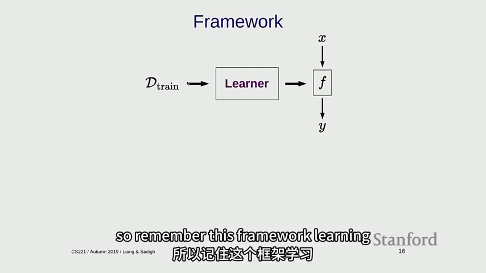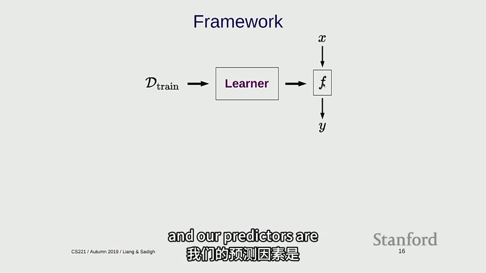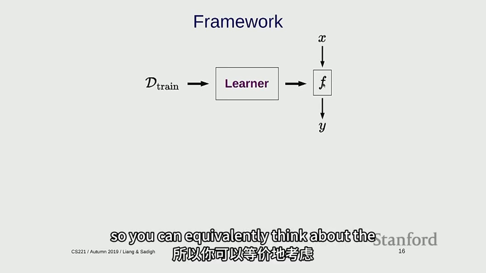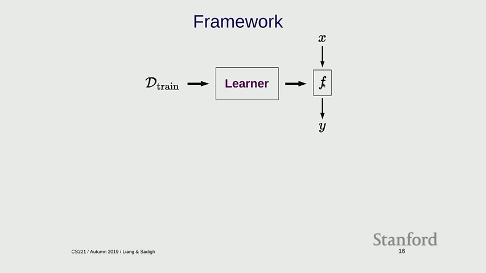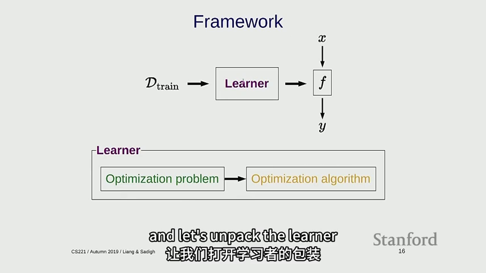So remember this framework. Learning needs to take some data and return a predictor. And our predictors are specified by a weight vector. So you can equivalently think about the learning algorithm as outputting a weight vector, for linear classifiers. And let's unpack the learner.